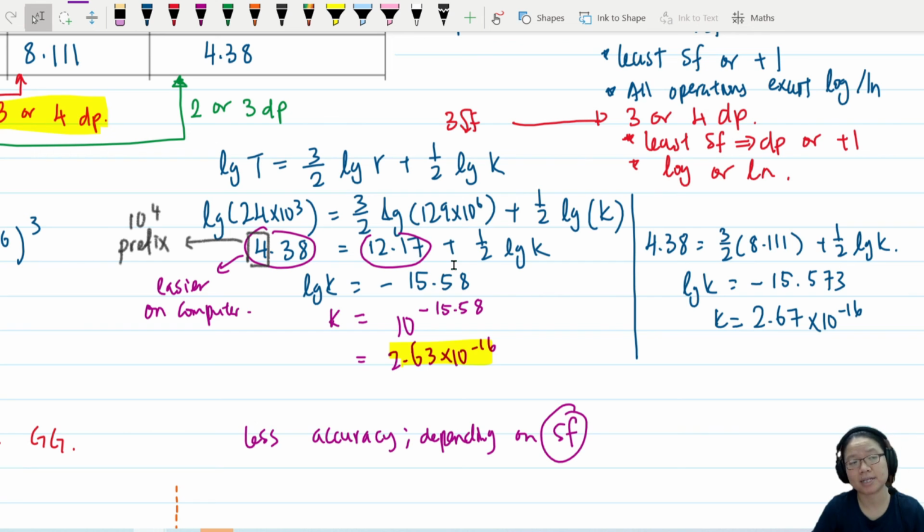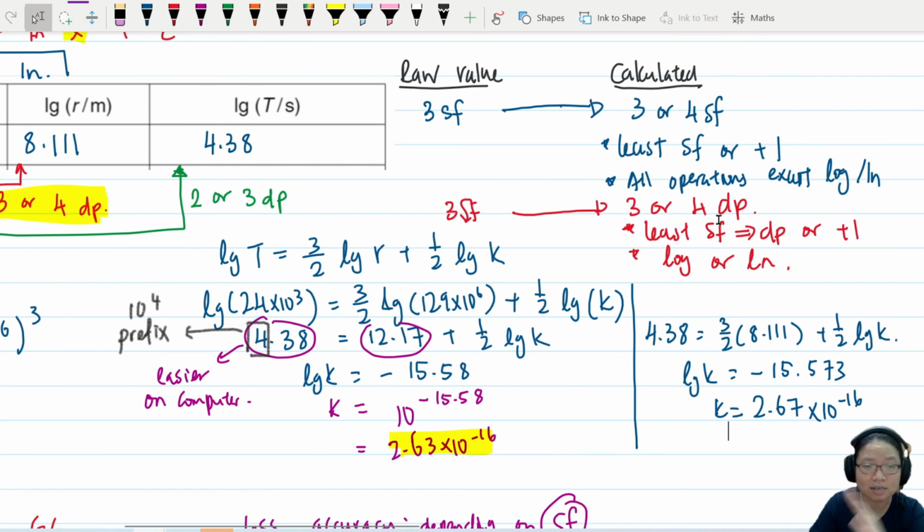To help maintain that accuracy, we cannot count the numbers before the decimal point, because the numbers before the decimal point represent the prefix. So that's why we only take the decimal point. If it's 3SF, you do 3 to 4 dp. But for everything else, power 2, square root, all that, you can still stick to what we know so far, which is follow the least SF.